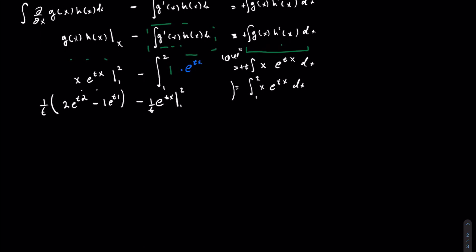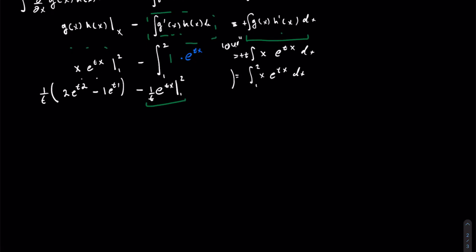There's a lot of e's now. That's e to the 2t minus e to the t. Right, let me just calculate this here.